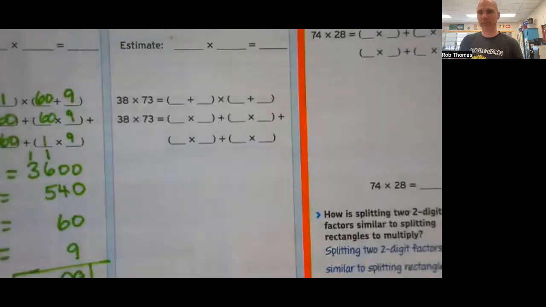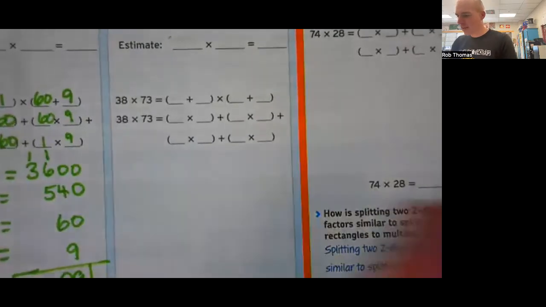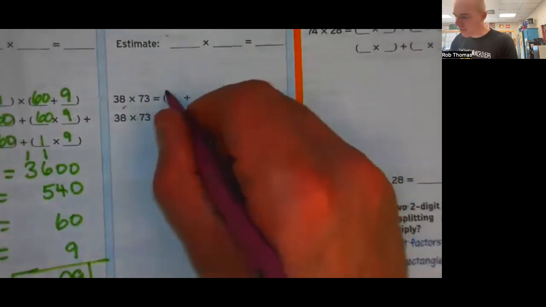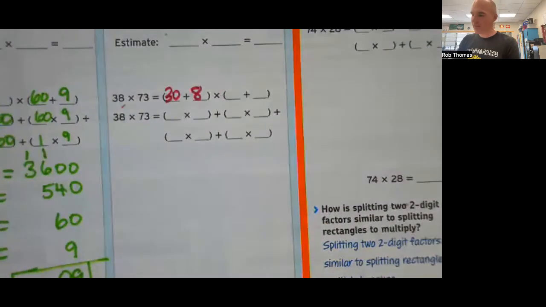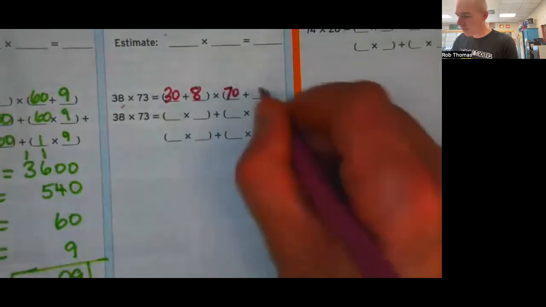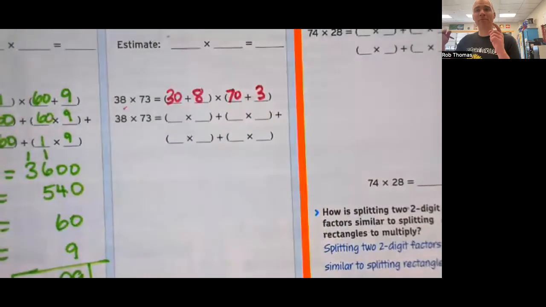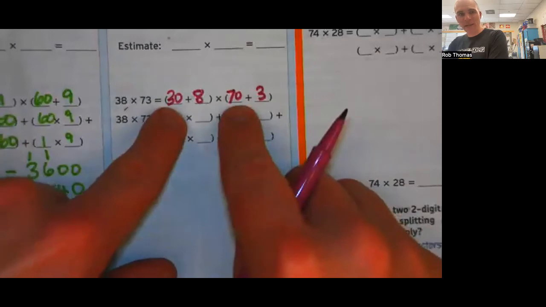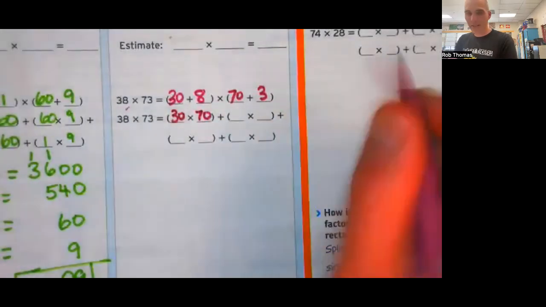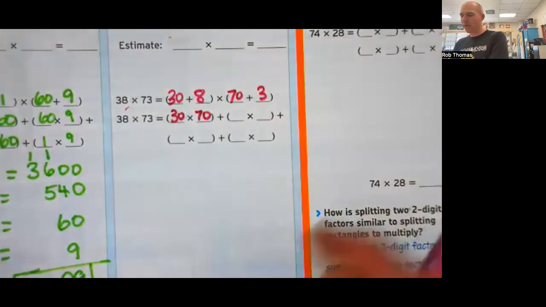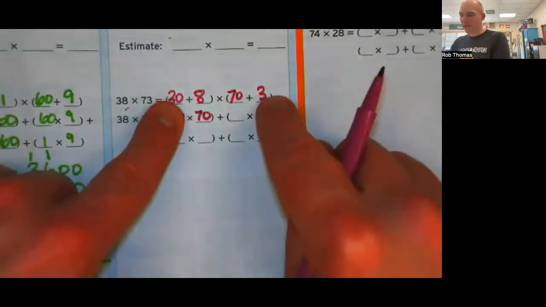Let's switch to purple. Red, as it looks on this doc cam. 38. I'm going to split that up into 30 and 8. And then 73. I'm going to split it into 70 and 3. Let me do my first, which is the 30 and the 70. 30 times 70. Let me do my outers, which is the 30 and the 3.